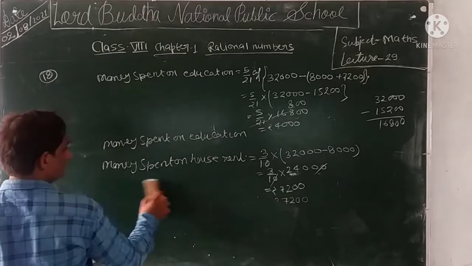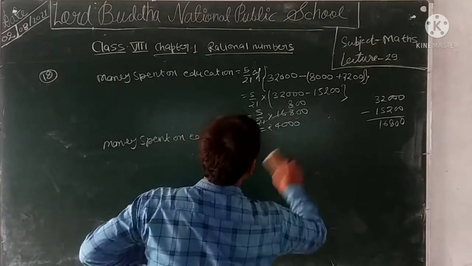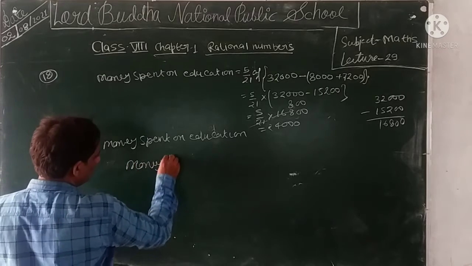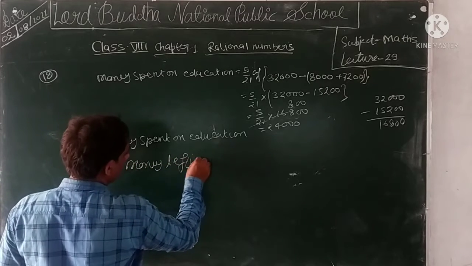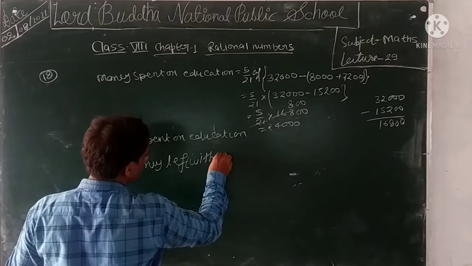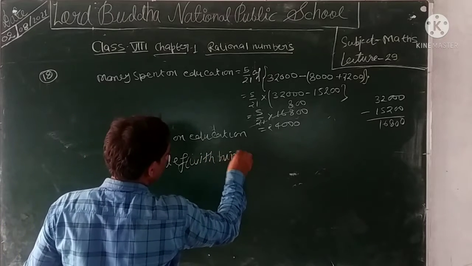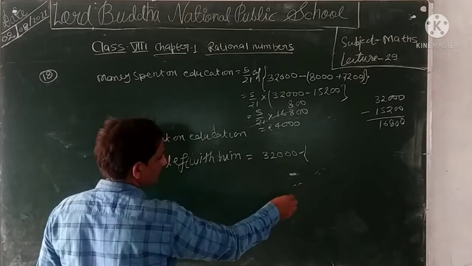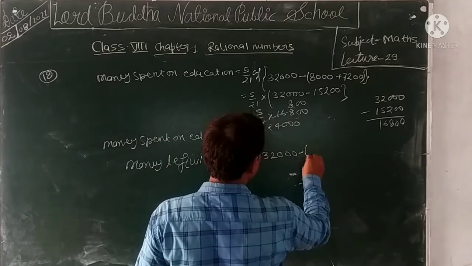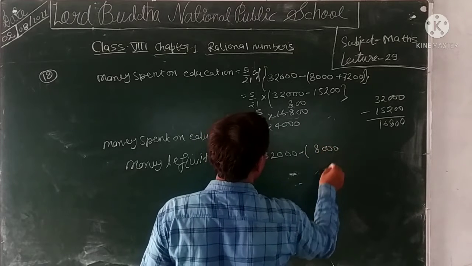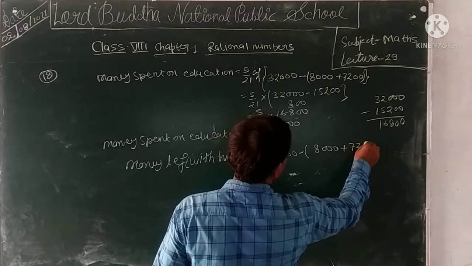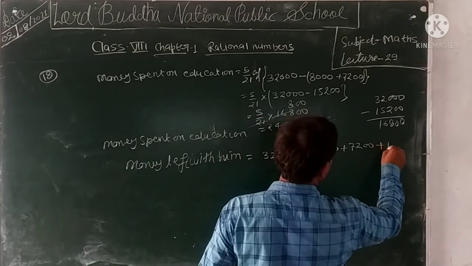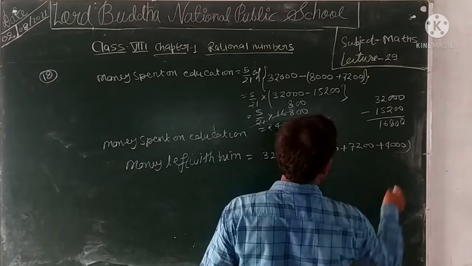Okay, now money left with him. Money left with him equal to 32,000 minus, okay, 8,000 on food, 7,200 on house rent, and 4,000 on education.